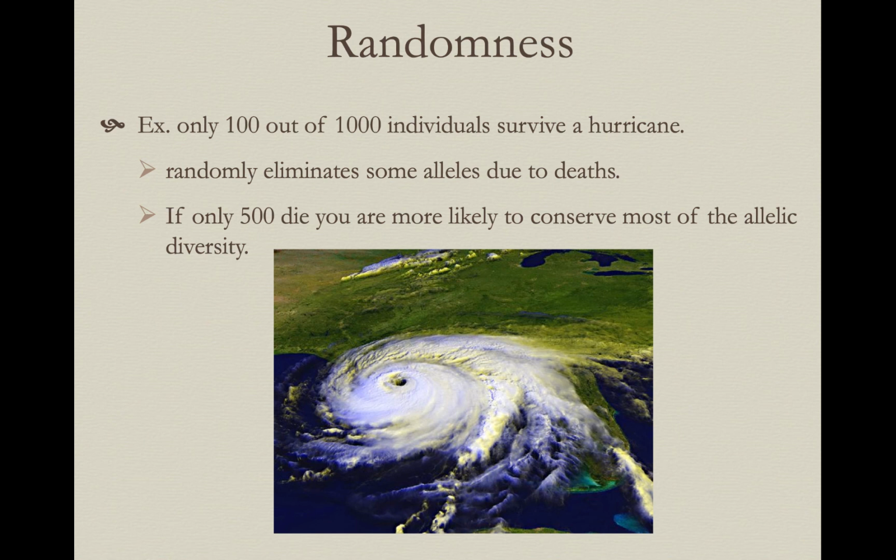So let's talk about how this could affect populations in nature. We're getting close to hurricane season here on the Gulf Coast. Let's say that a hurricane comes through Galveston and you have a population of birds and only 100 out of 1,000 individuals survive. This is going to randomly eliminate some alleles due to the death of a substantial number of individuals and very few survivors.